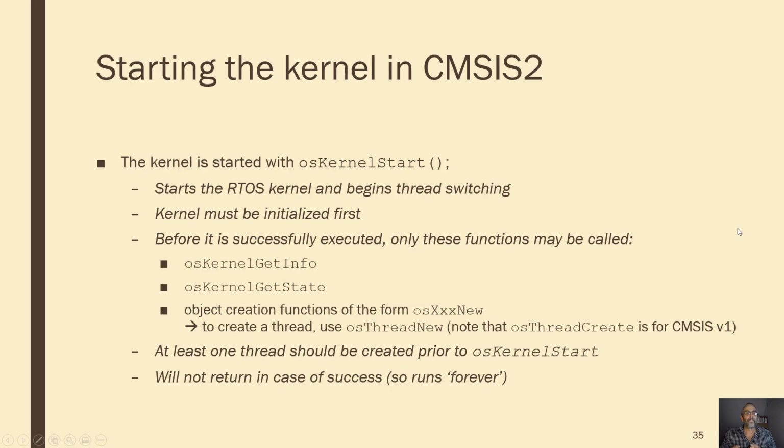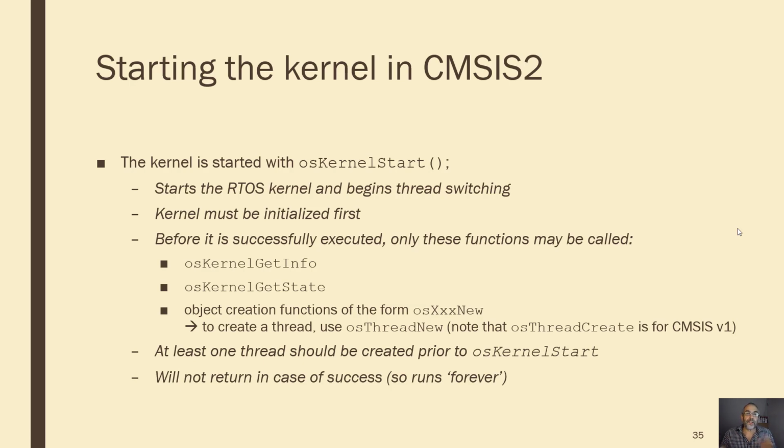And then what you have to do, in the end, is start the kernel. So the kernel starts running, starts the thread switching with this SysTick and switching from one thread to another when you call the function osKernelStart.